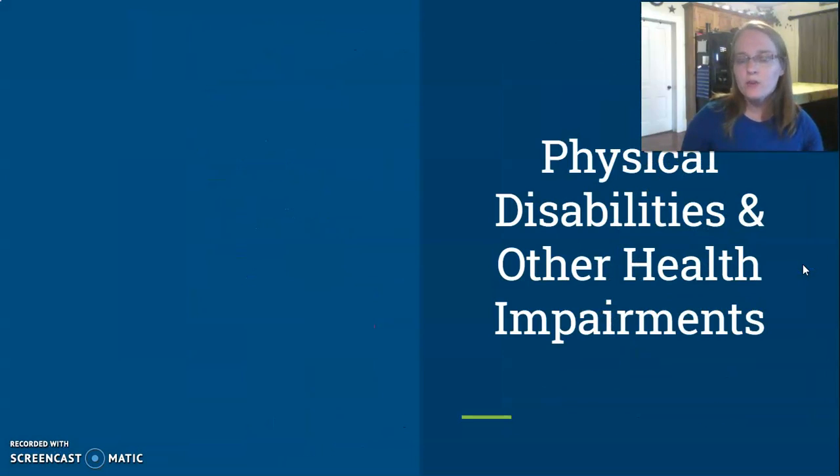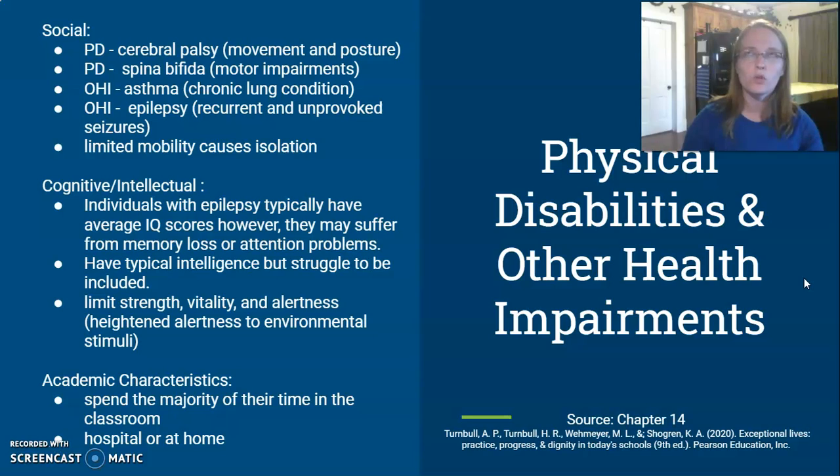Physical disabilities and other health impairments, you're basically looking at the things that are limiting mobility here, like asthma, epilepsy, spina bifida, cerebral palsy. All of those can cause social issues of isolation, but cognitive issues as well, needing more time, which can be an asset if you provide that to them.